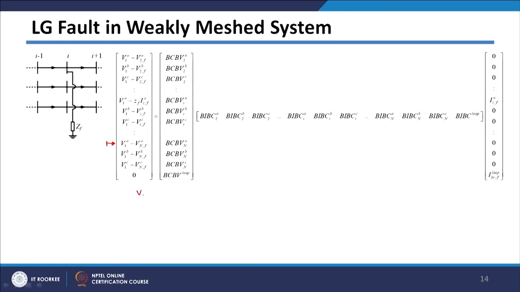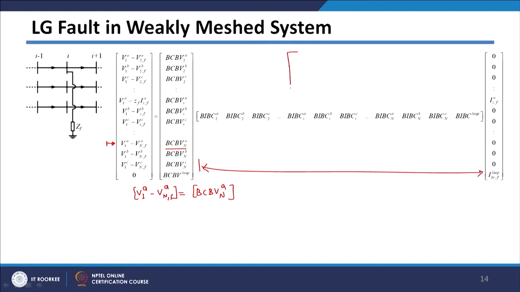So it will be V1A minus V, post fault voltage of nth bus will be equal to your BCBV, and we have seen that from this part to this part we can represent it just by, since this column is getting multiplied with respect to this and these columns corresponding to loop forming branches are getting multiplied with this one.